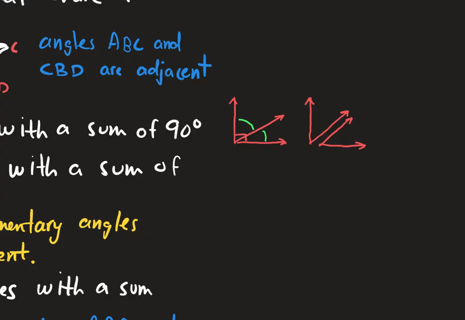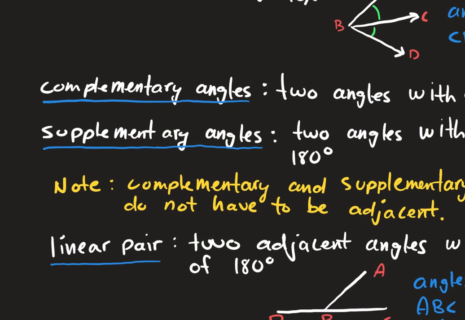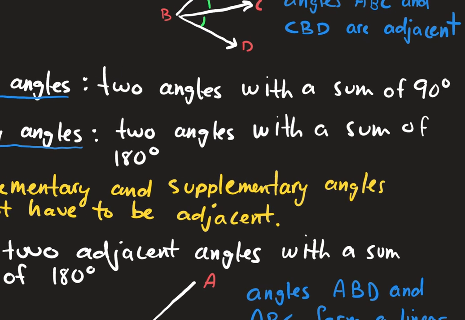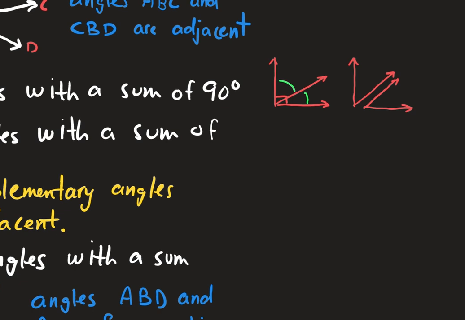Okay, so similarly, we have supplementary angles. Supplementary angles are two angles with a sum of 180 degrees. So to help you visualize that, I'll draw supplementary angles. I always start with a straight line because a straight line is 180 degrees.